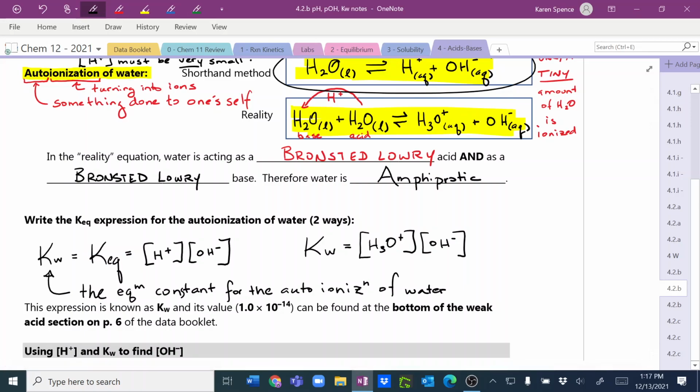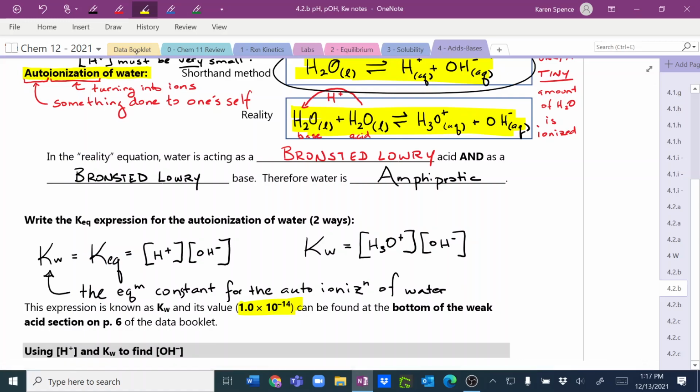And if you're ever wondering what the value is for this thing, it is 1 times 10 to the negative 14. Not too hard to remember if you remember that the usual pH scale goes from 0 to 14. And so KW is 1 times 10 to the negative 14. But if you forget, it is on your data booklet.